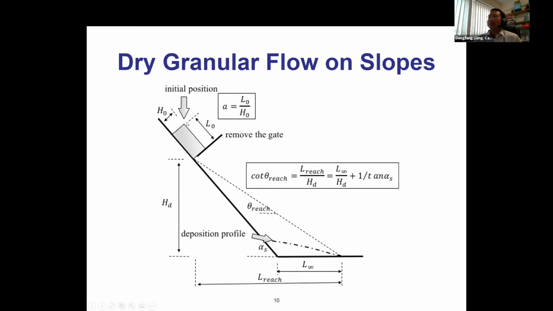The initial soil is confined in this rectangle with length L0, height H0, and the final shape of the deposition has length L infinity, and the overall distance between the initial front of the soil column and the final front of the soil column is L reach, which is an indication of the runout.